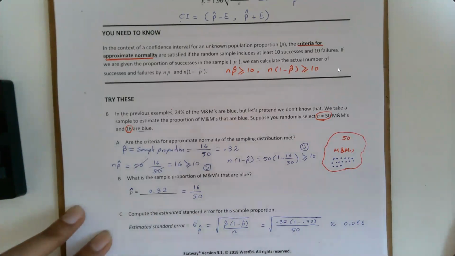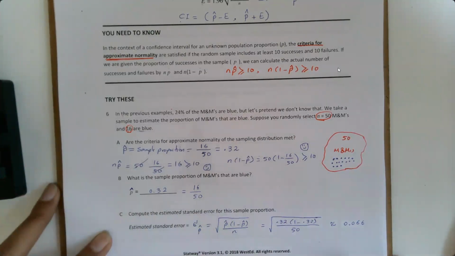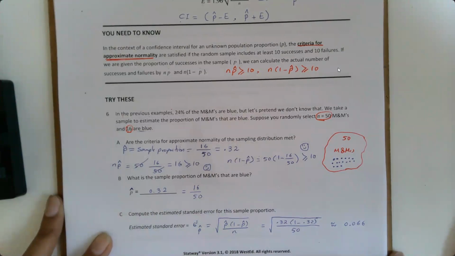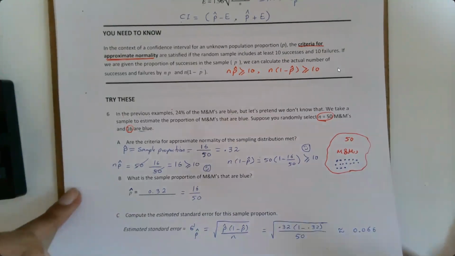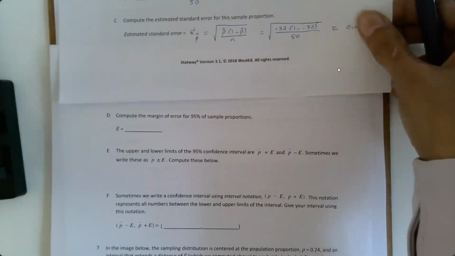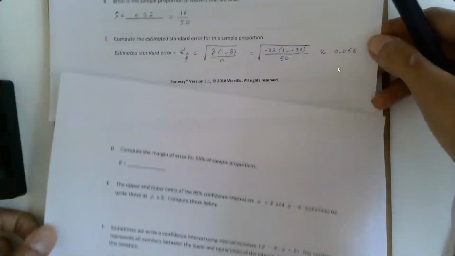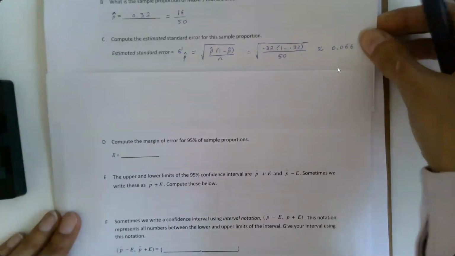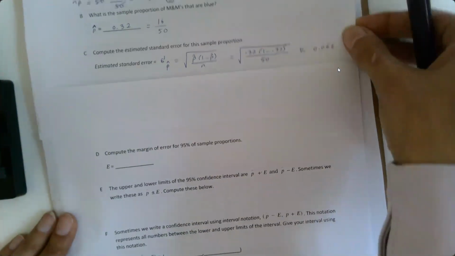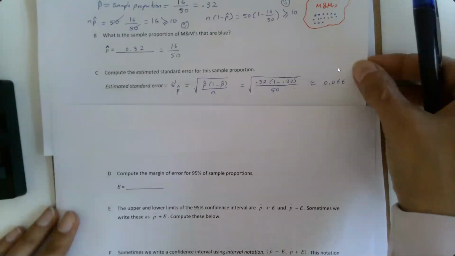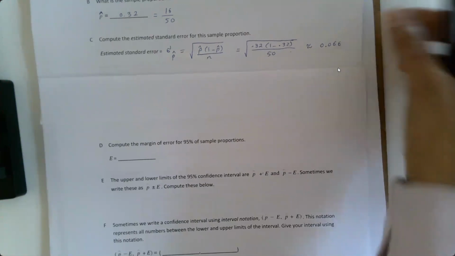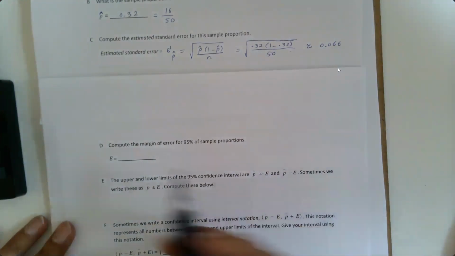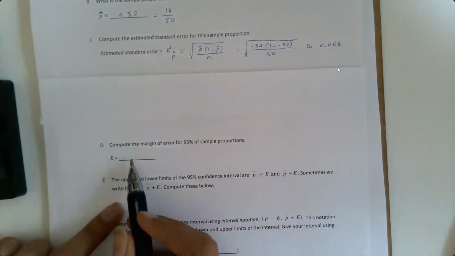Now that we have the standard error, the next thing we want is the margin of error. So let's keep this page and move on to the next page. Here we go. We have our estimated standard error. Now we need to find the margin of error.